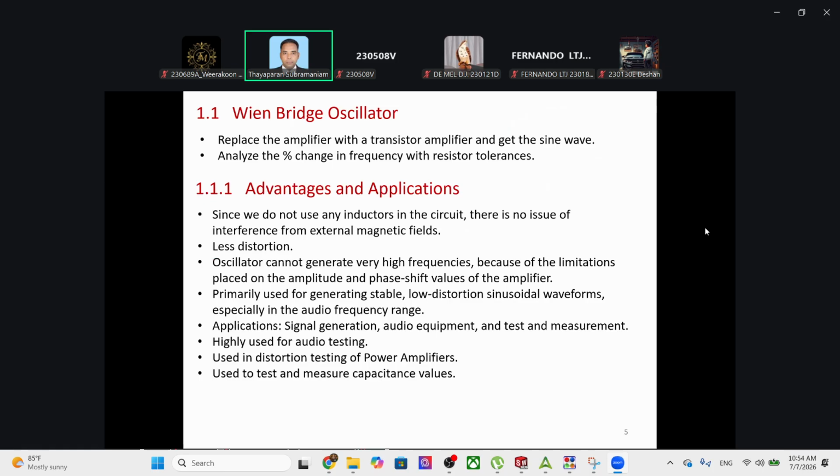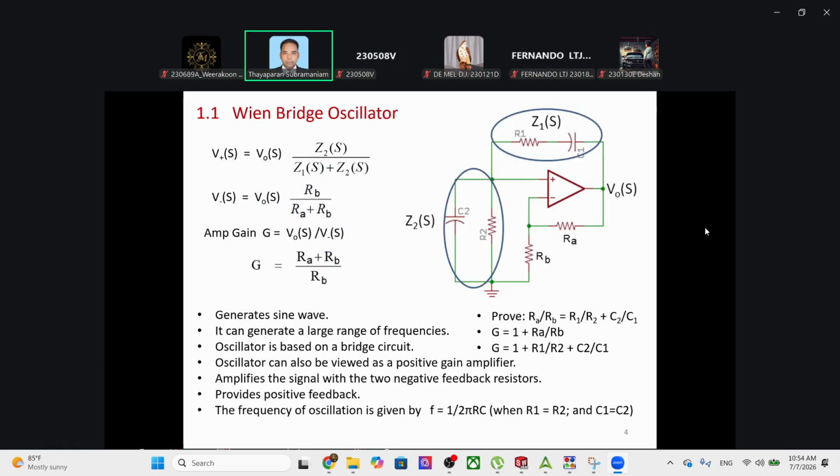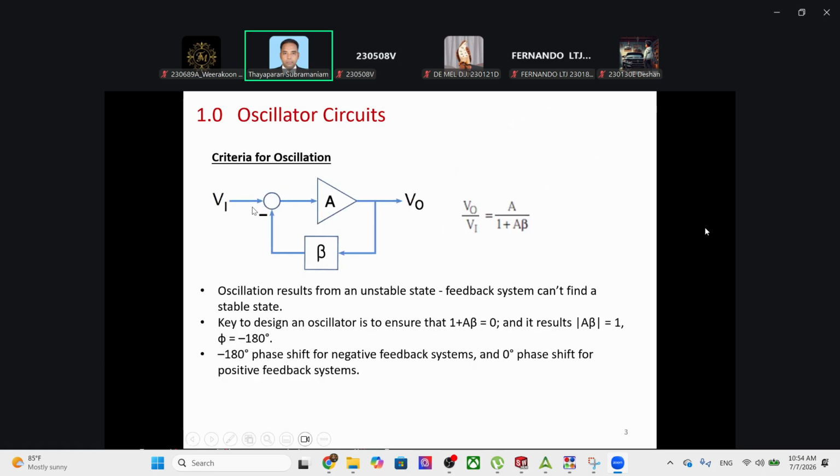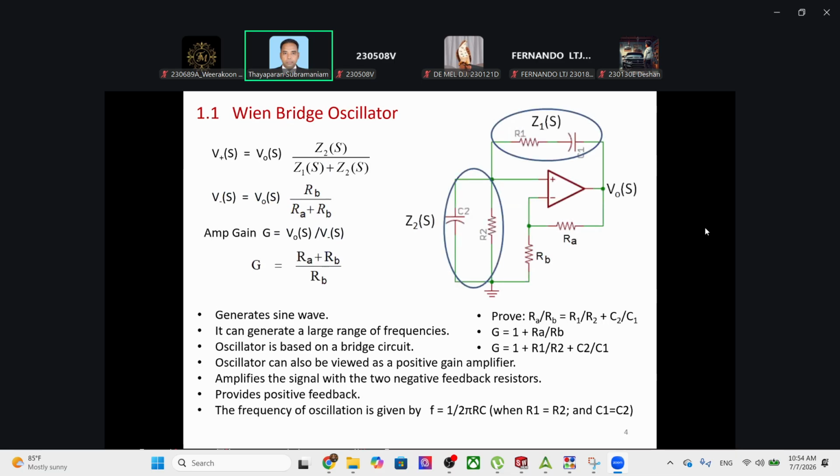And application wise, now you see, one thing we should note: if I want to introduce the minus sign of beta, I can bring it through phase shift also. That is why negative, because the forward path gain is real, isn't it? In our case, in the op-amp inverting amplifier, there is no complex path here, so the gain is real.